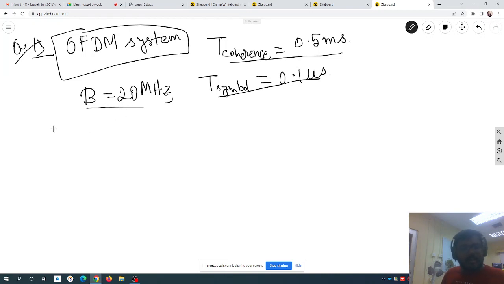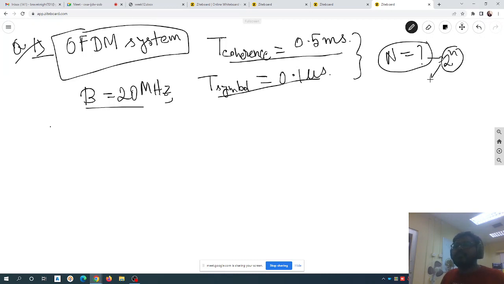Now my question is, what should be the N for this OFDM system? N is in the form of 2 to the power n, we know, because we need to do the FFT here. That is the number of subcarriers.